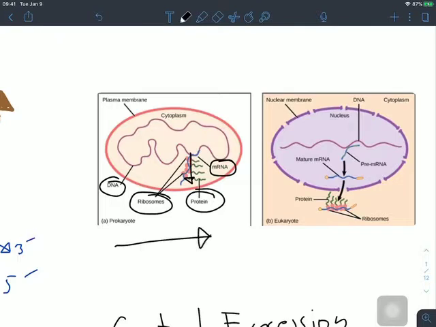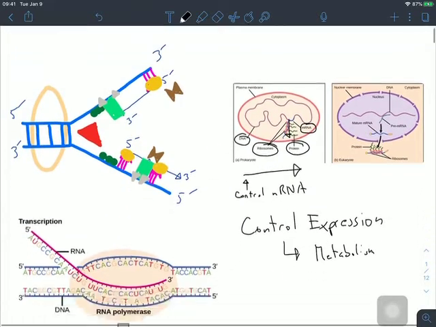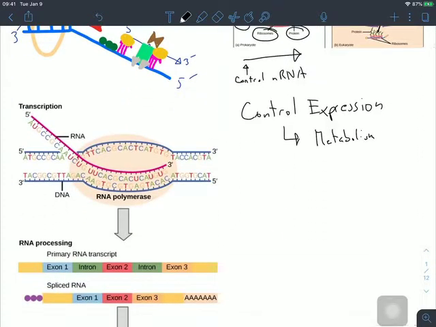It is a one-step begin to the end. So we are going to be looking at a lot of regulation early on, so you control what mRNAs are made, and therefore you control expression in prokaryotes, whereas eukaryotes have a large number of different checkpoints. Let's take a look at those checkpoints by re-examining our general process.